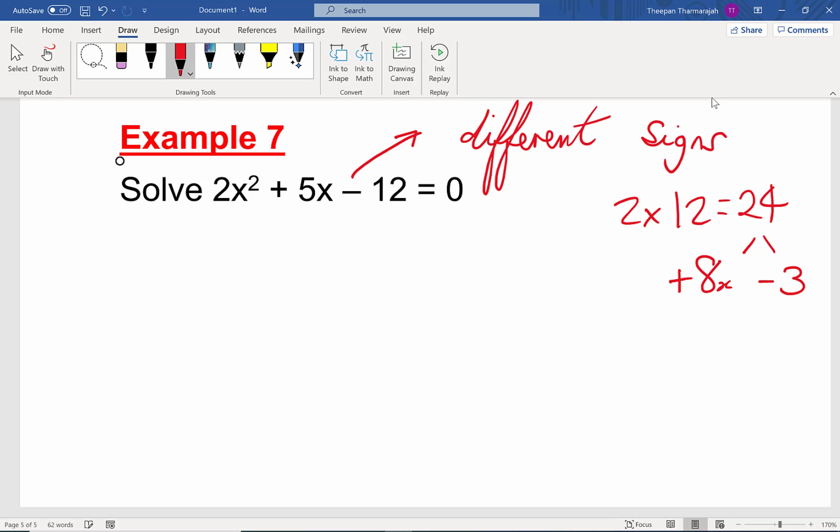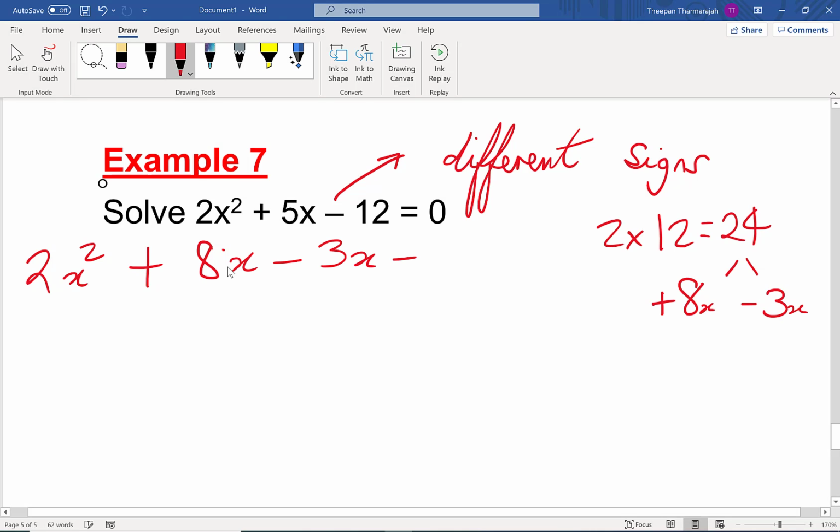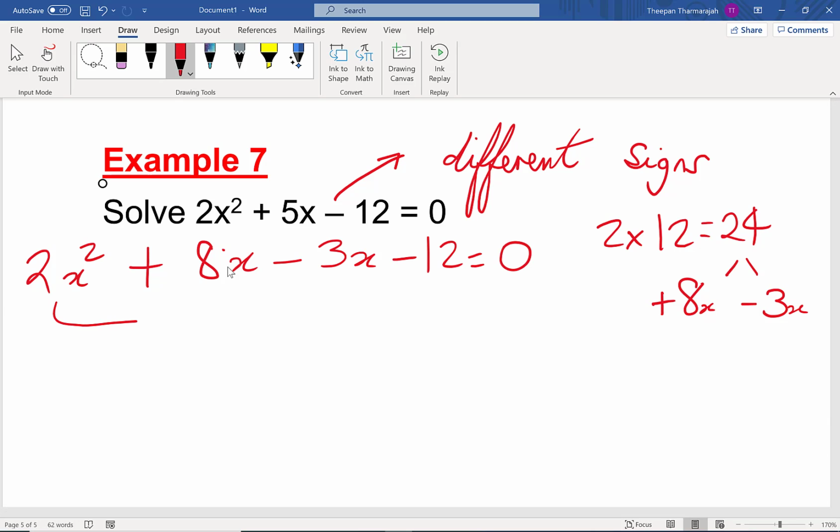So it's going to be plus 8x minus 3x. So we're going to end up with 2x squared plus 8x minus 3x minus 12 equals 0. Then we can factorize these two terms and take 2x out.